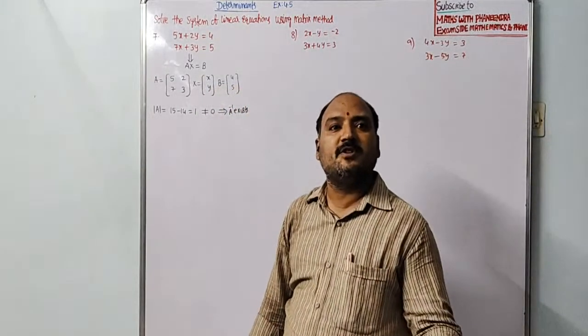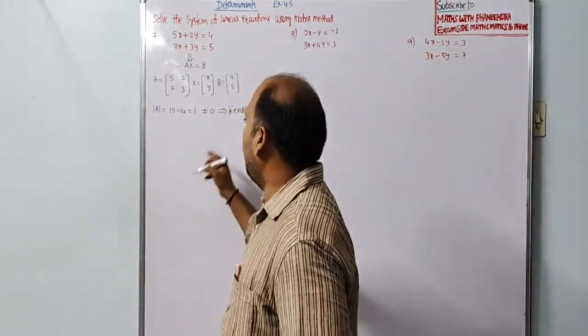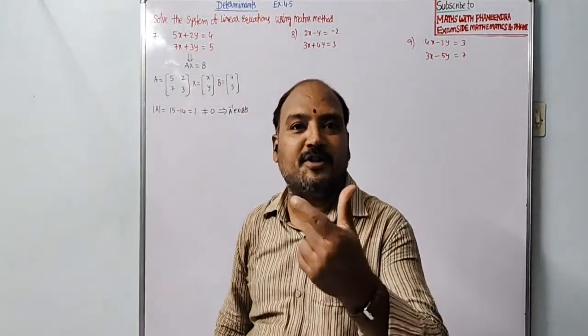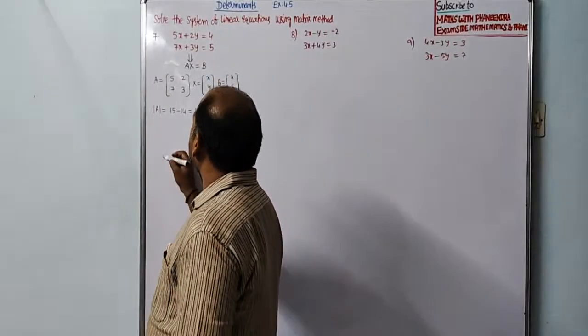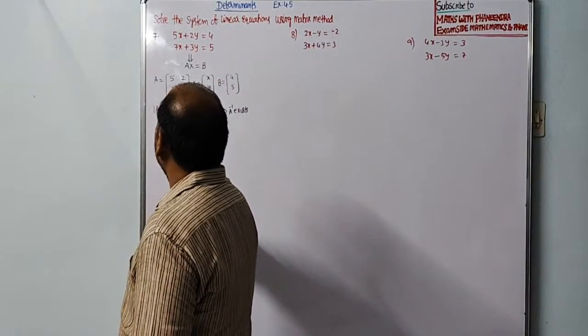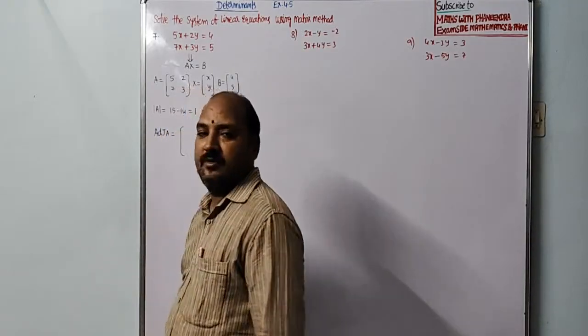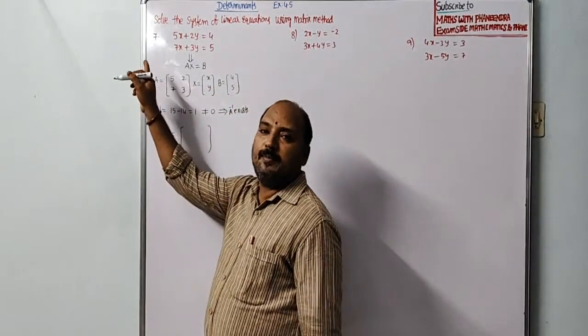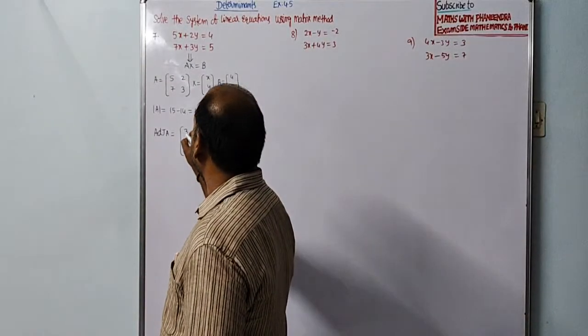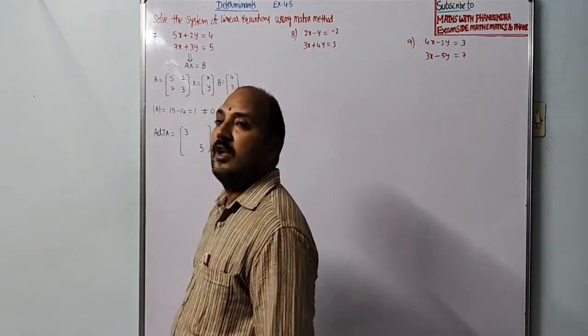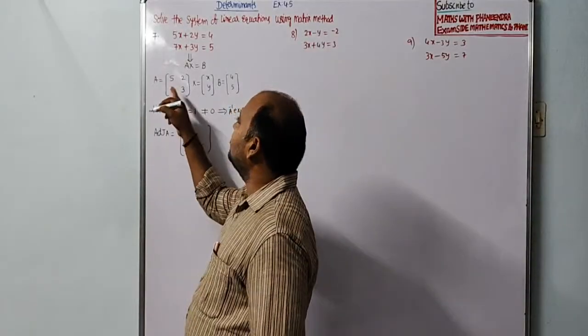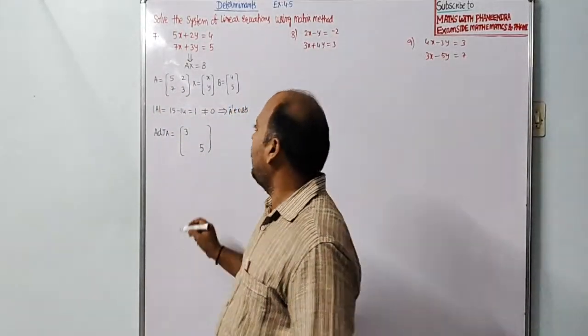Whenever A inverse exists, it means a solution will be there, no? For A inverse, what values are required? Adjoint A matrix is required. So adjoint of A is equal to, for a 2 by 2 matrix we can easily find the adjoint matrix. Interchange the principal diagonal elements, that is 3 and 5, and change the sign of the non-diagonal elements.